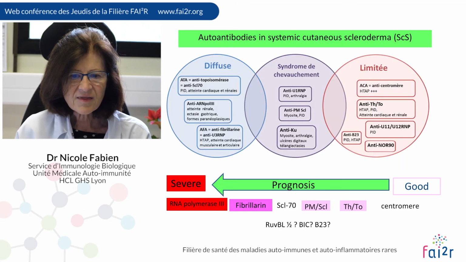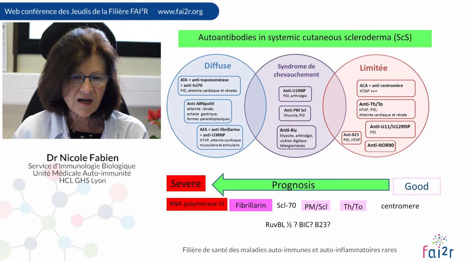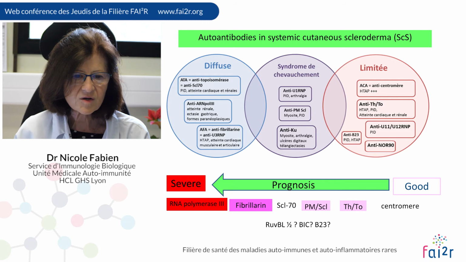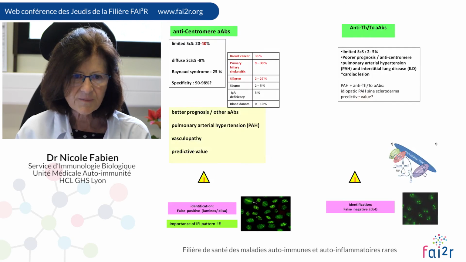You see here that three antibodies, anticentromere, anti-Th/To, and anti-PM/Scl, are associated with quite a good prognosis in this disease. But when you have the presence of anti-Scl-70, antifibrillarin, and anti-RNA polymerase 3, it is really associated with a poor, severe prognosis.